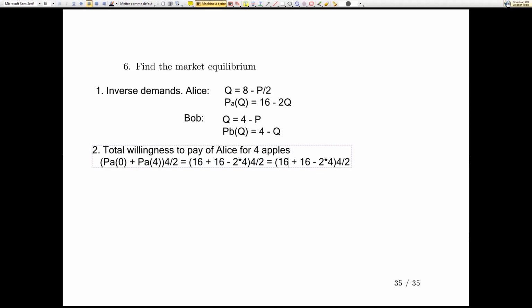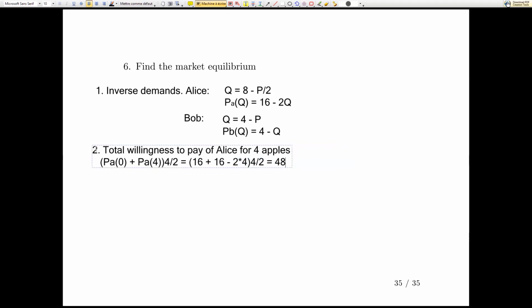So that's 16 plus 8. So how much is that? 24 times 2. So that's 48. Is that 48?